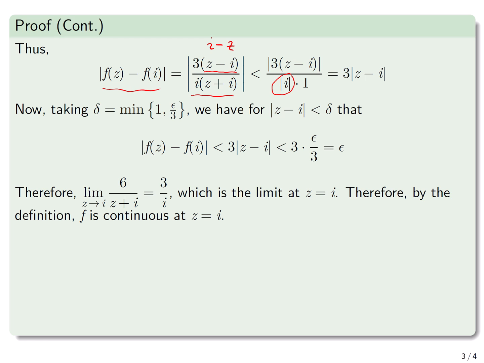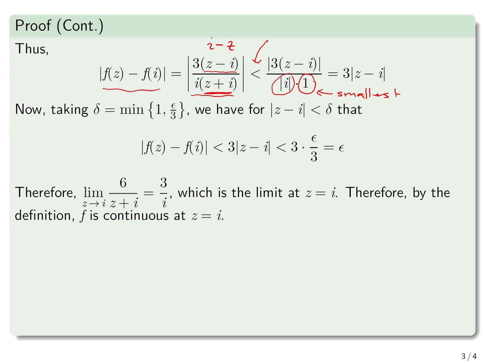Now you can see instead of c plus i, we put the smallest possible value. When you put the smallest value, you get the largest. That's why we have this greater than sign here, less than sign there, because the right side is bigger, because you pick the smallest value here. So that is the argument you need to understand here. You pick the smallest value, so that means you get the greater.